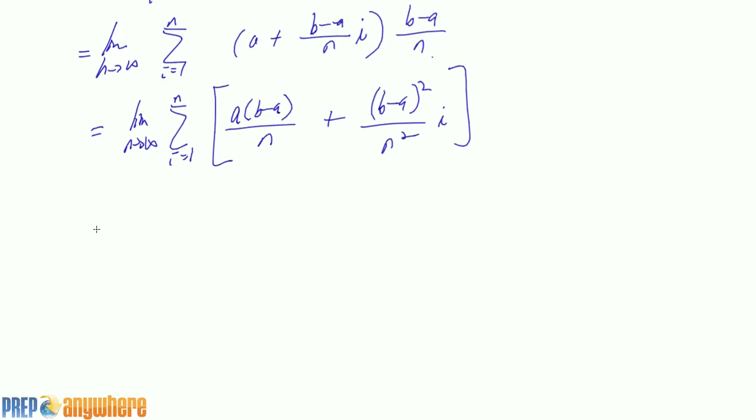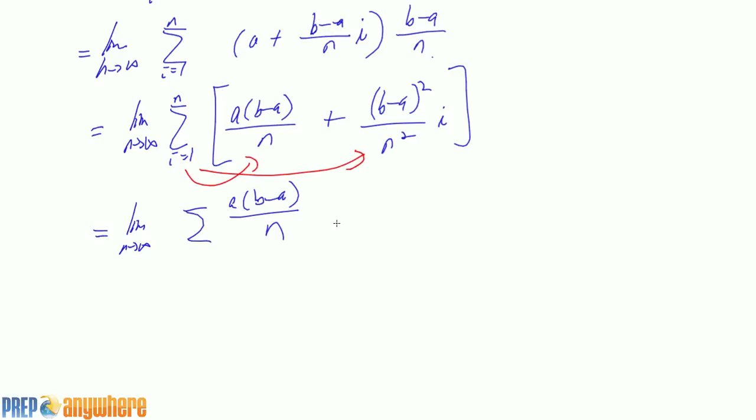Now this can be expressed as sigma of a times (b minus a) over n. So I can actually do distribution with the sigma too, right? Like this.